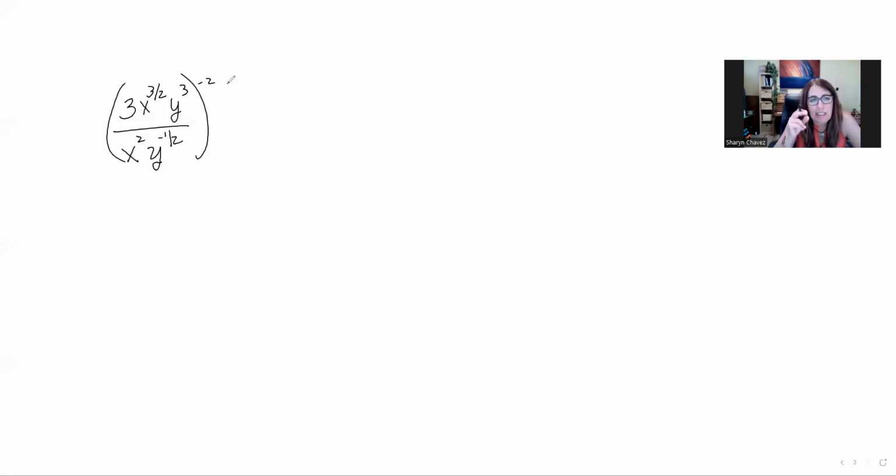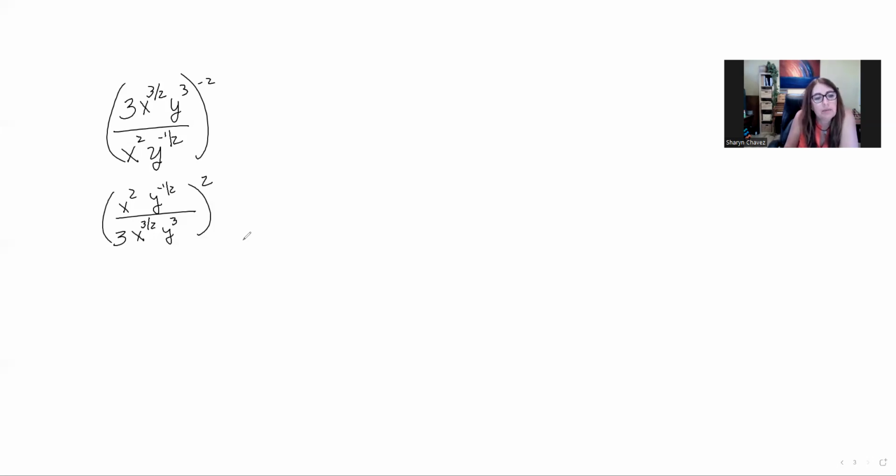We could distribute that -2 onto each term, but personally, I am just going to take care of it by flipping the entire fraction. Because again, a negative exponent means everything's in the wrong place. So when we flip this, 3 is y to the 3rd, y to the -½. Now it's all to a positive 2.